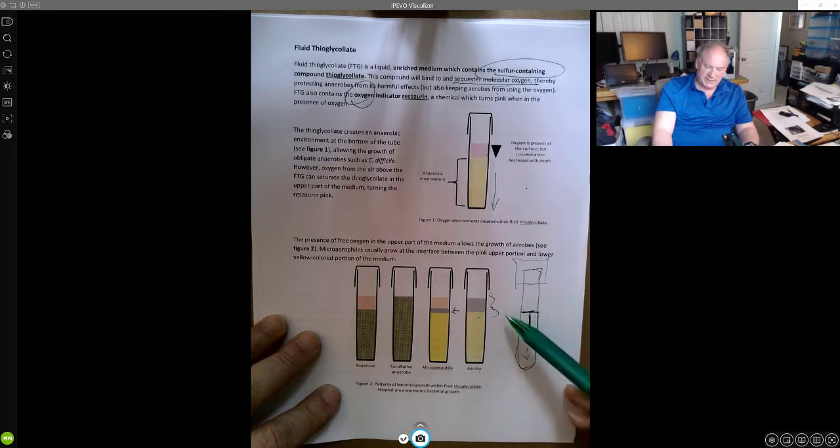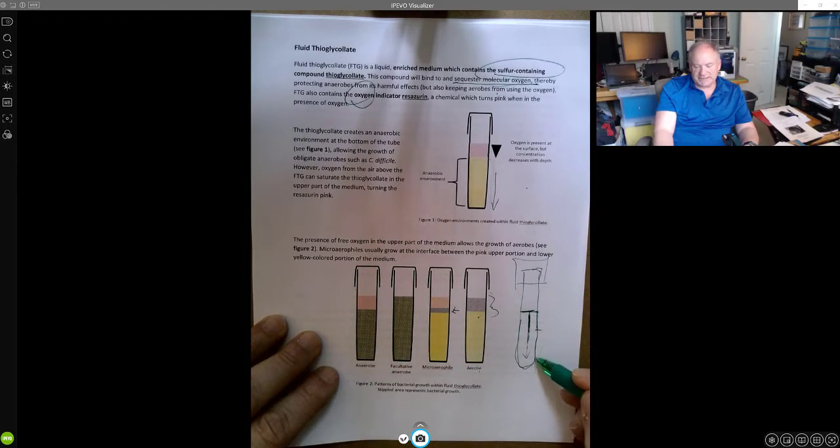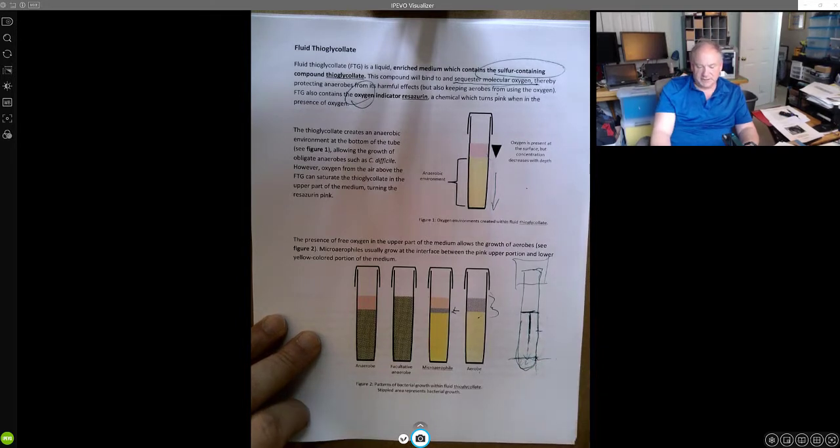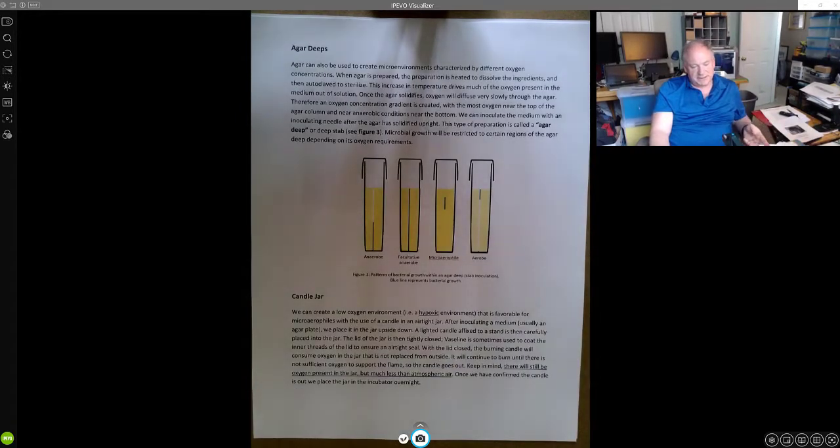Bacteria will stop growing where the oxygen levels are too low to support them, or if you're going from the other direction, they will only grow in areas that can handle oxygen right to the limit. So you might see regions down here of growth. It really depends, and the microorganism basically identifies itself with this.